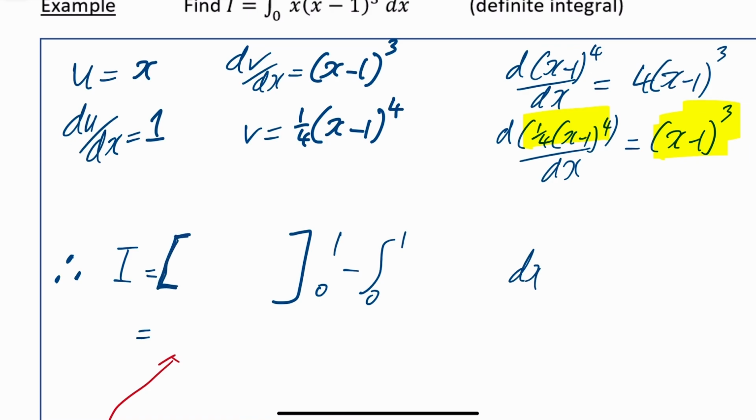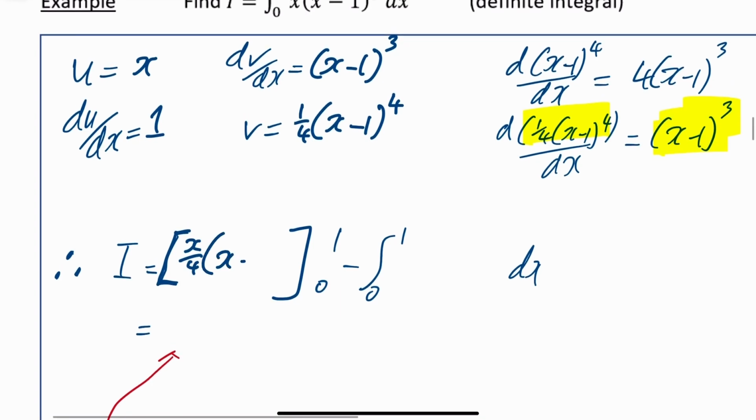Okay, my integral then becomes, and notice I've used square brackets here and I've got limits. So this is my uv, so x over 4 times x minus 1 to the power 4. And then that's my v du, that's just going to be a quarter times x minus 1 to the power 4. And then we have to integrate that bit still.